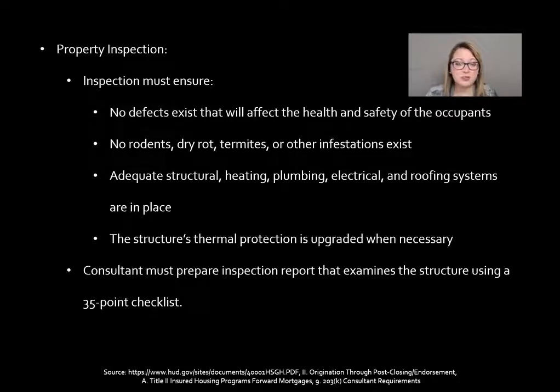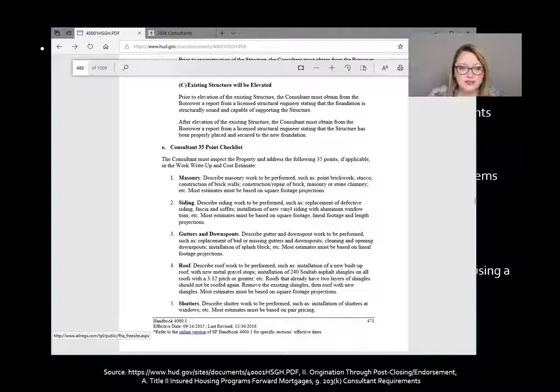The consultant must prepare the inspection report that examines the structure using a 35-point checklist that is provided by HUD, and I'm going to show you that checklist right now. The checklist is located in the Single Family Handbook, the 4000.1.